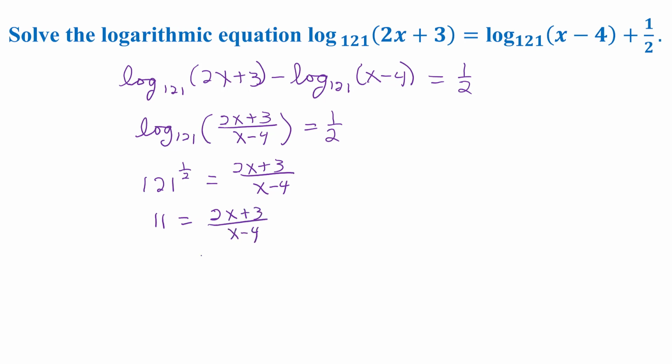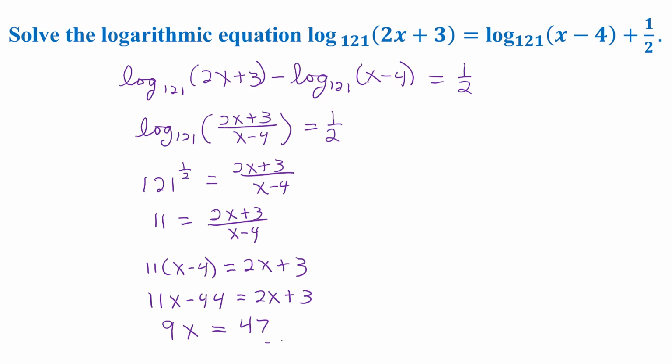I multiply both sides by x minus 4 and distribute that 11 through to get on the left side 11x minus 44 equals 2x plus 3. And let's see, if I subtract 2x from each side, the left side would be 9x. I add 44 to each side, giving me 47 on the right side. Then we can solve for x. X would be equal to 47 over 9.